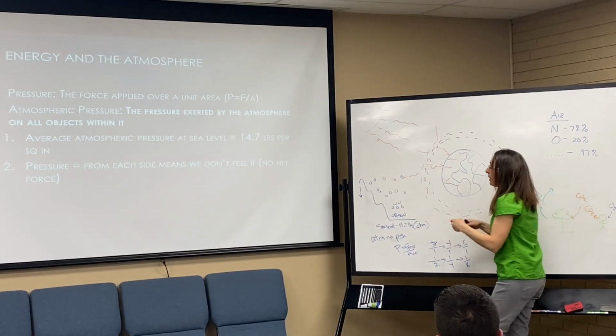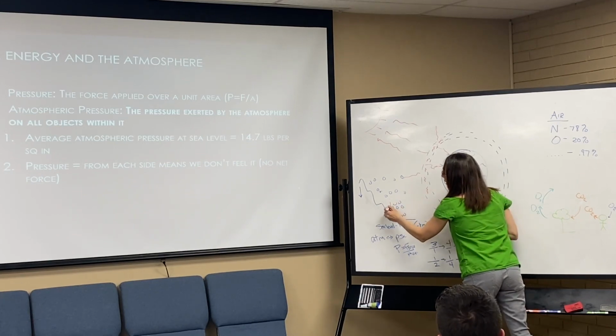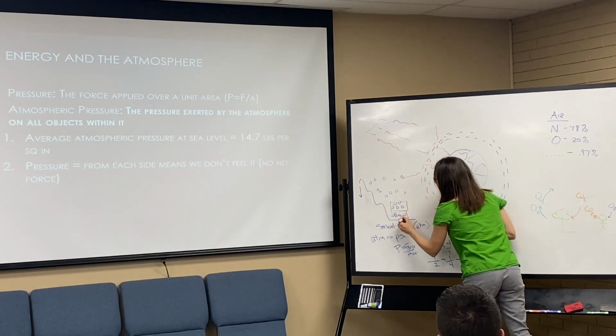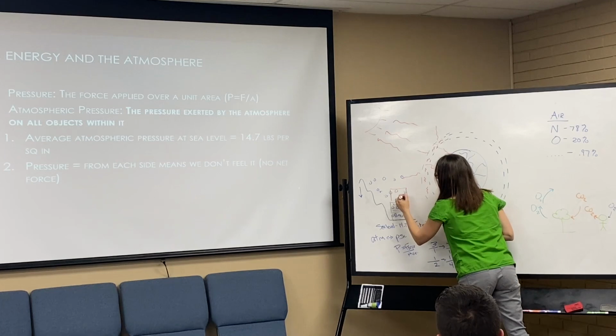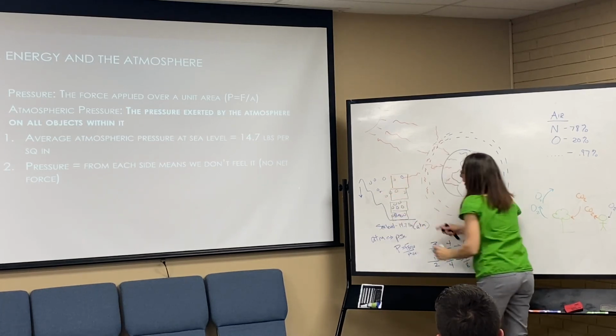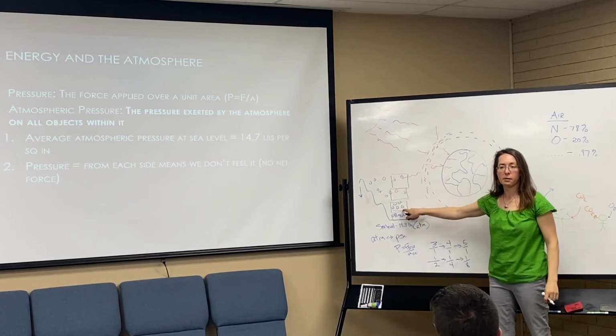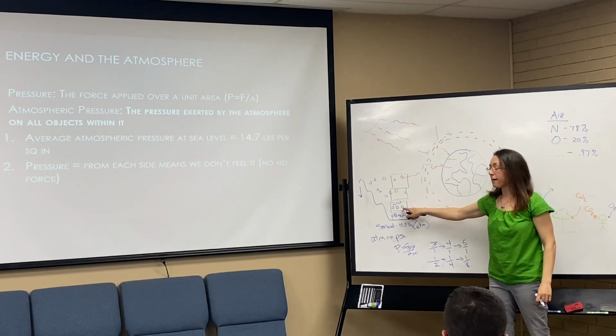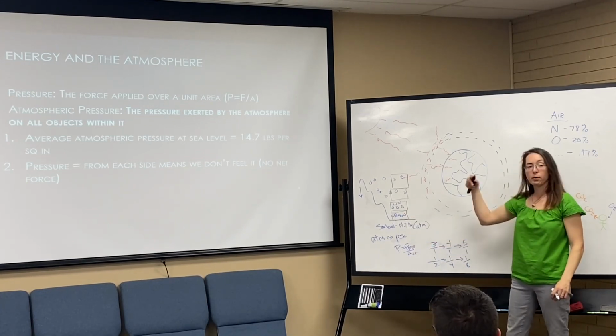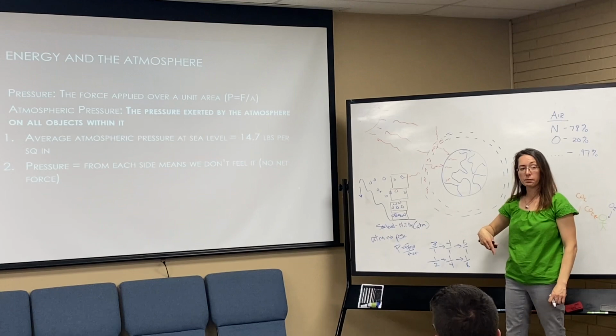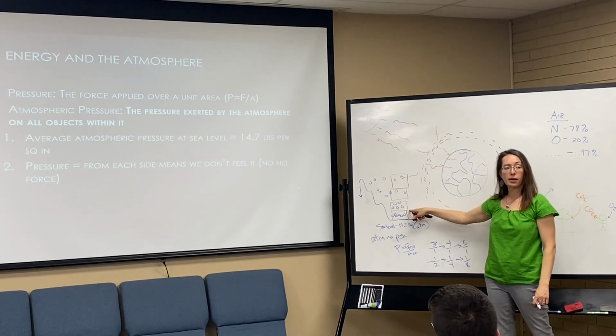That makes sense? But as they spread out, now in my same little box, I only have 5 of them. So now I have 5 over the same area, so my pressure has gone down, right? Because I have less applying a force.